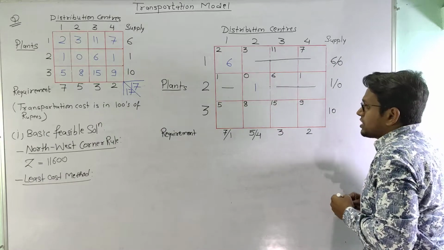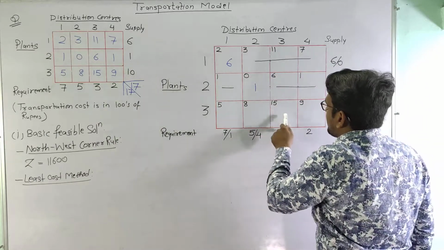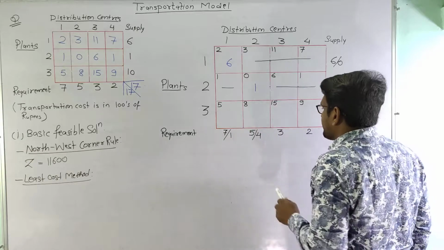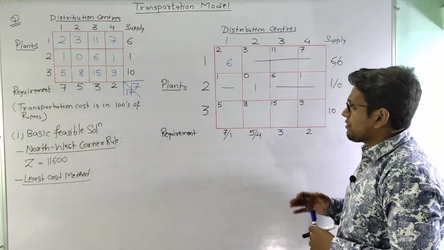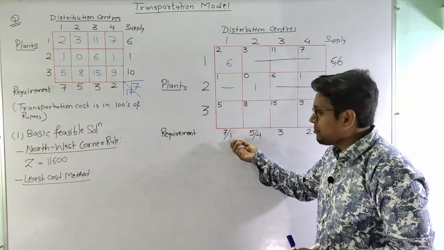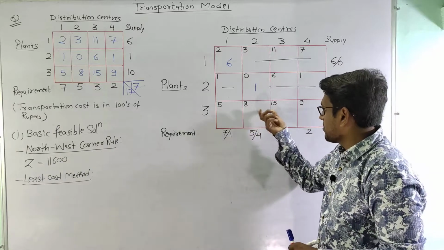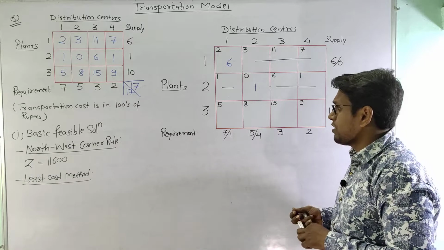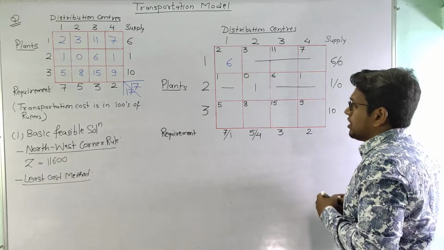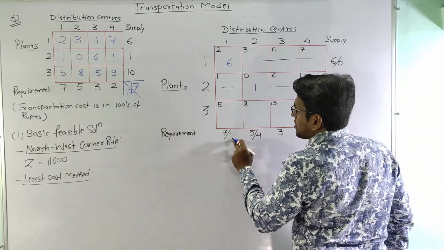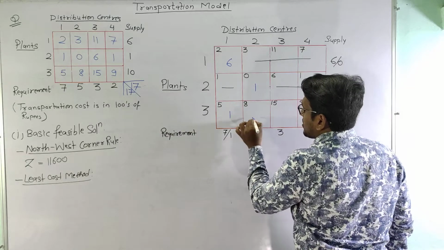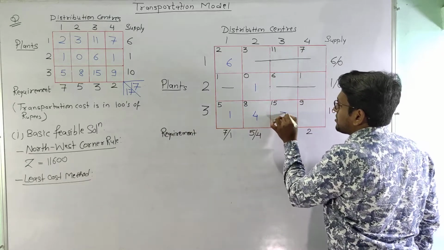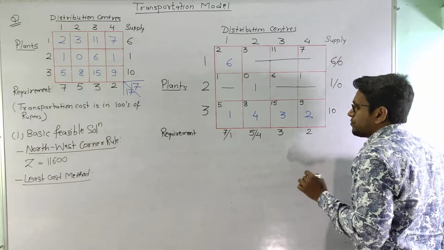And now in the remaining row we have only a single row. So now we are forced to allocate the remaining values in these particular cells, because we do not have any other options. So let us allocate here. This will be 1, this will be 4, this will be 3, and this will be 2.